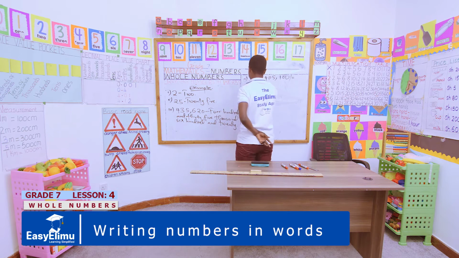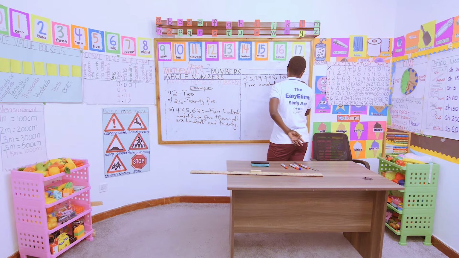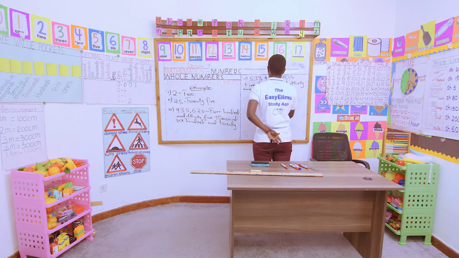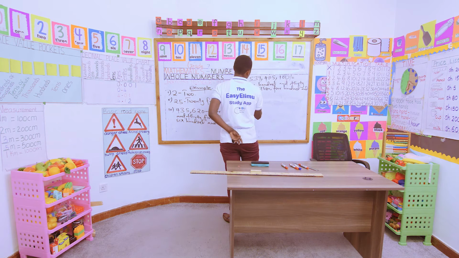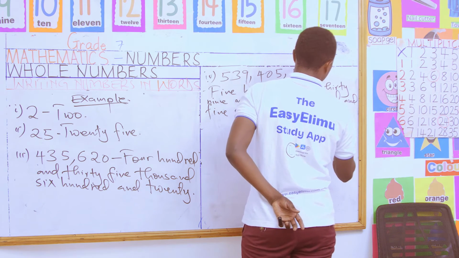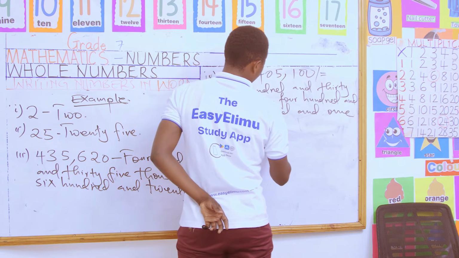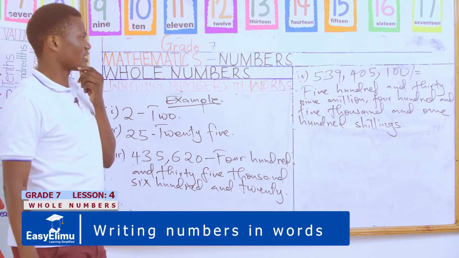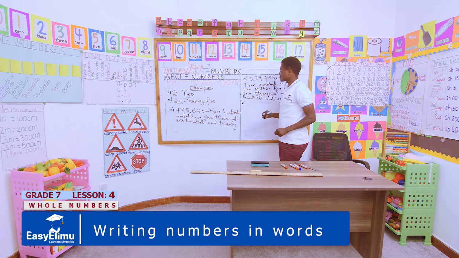So this, in words, is 539 million, 405,000 and 100 shillings. 539,405,100 shillings.